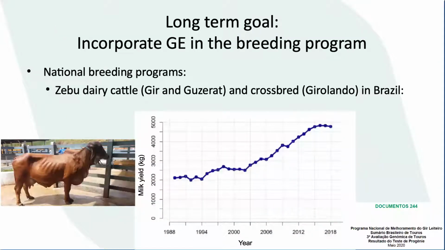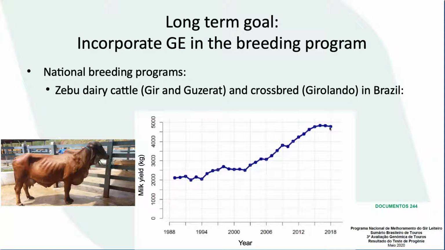But we also have the long term goal, which is to incorporate genome editing in our breeding program. So here we have again the Gyr cattle. In this graph, you can see the evolution of milk production in Gyr since we started our breeding program in 1988. The cows produced around 2,000 kilos per lactation, and now in 2018 they are producing almost 5,000 kilos per lactation.